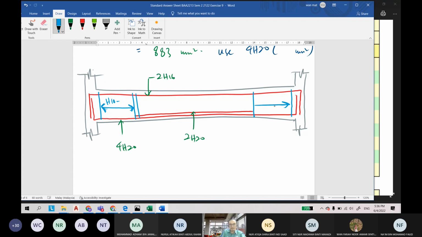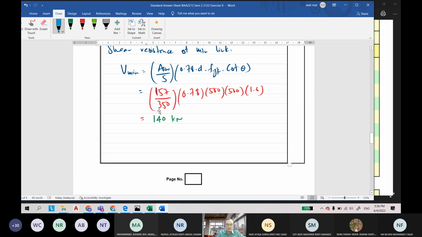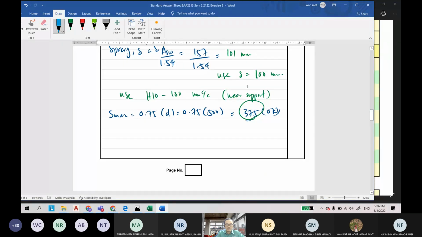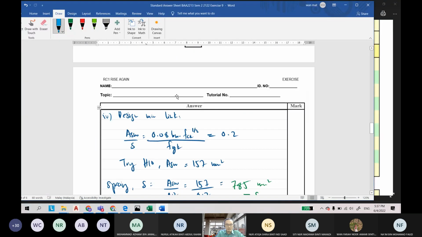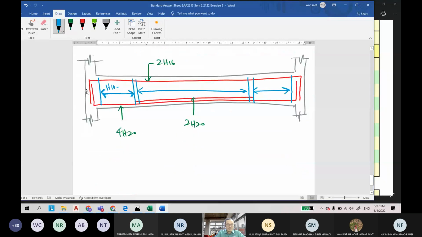Anybody can check for me? So this one, at the middle we have 350, right? At the middle we have 350, here at the midspan, and at the support we have 100. Okay, H10 100, and this one H10 350.